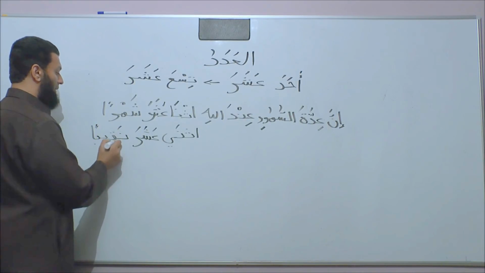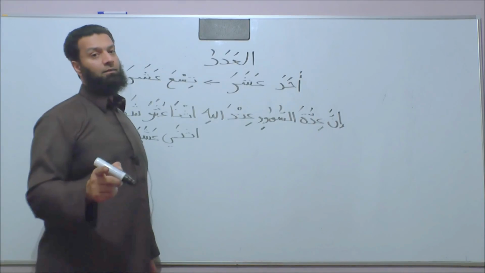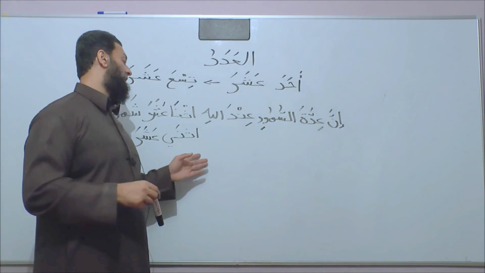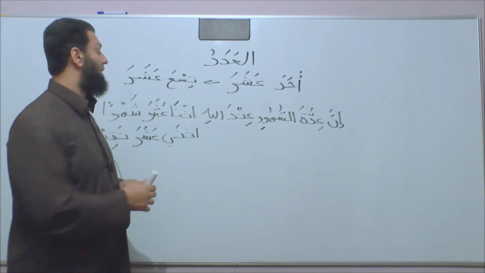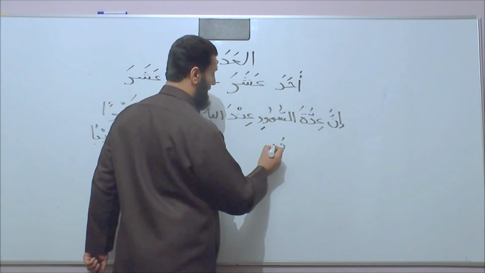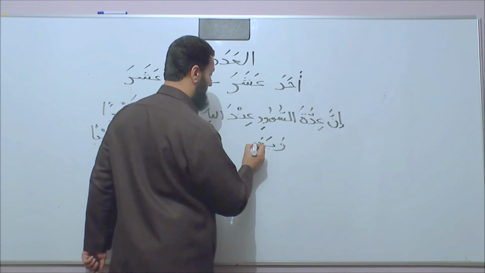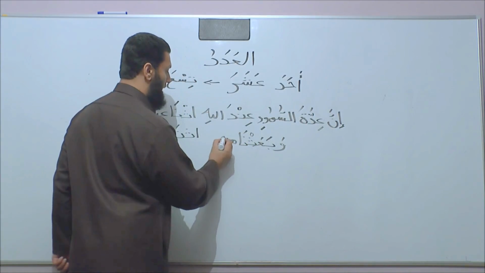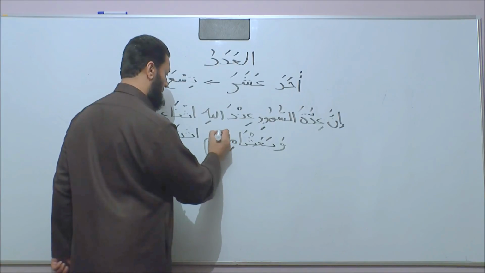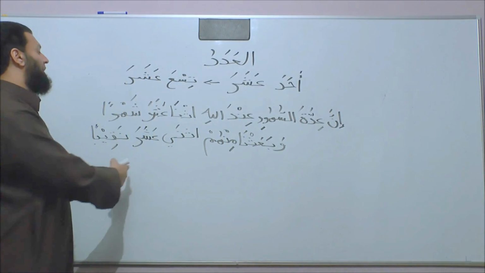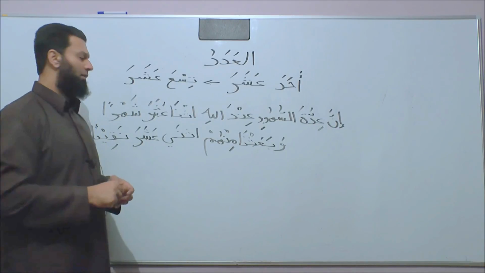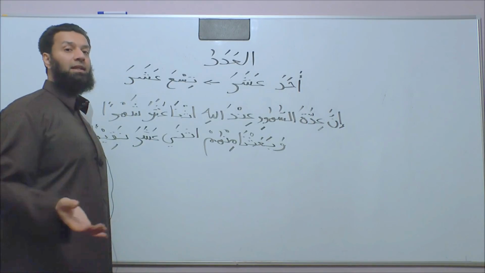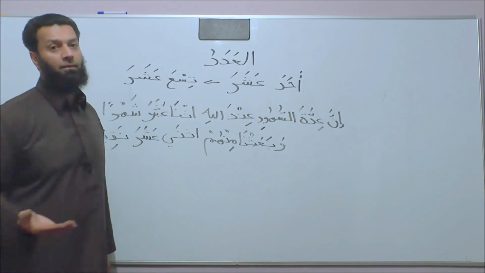Because of the ayah in Surah Al-Ma'idah. وَلَقَدْ أَخَذَ اللَّهُ مِيثَاقَ بَنِي إِسْرَائِيلَ وَبَعَثْنَا مِنْهُمْ اثْنَيْ عَشَرَ نَقِيبًا. Naqib means a leader, as in the leader of a tribe.